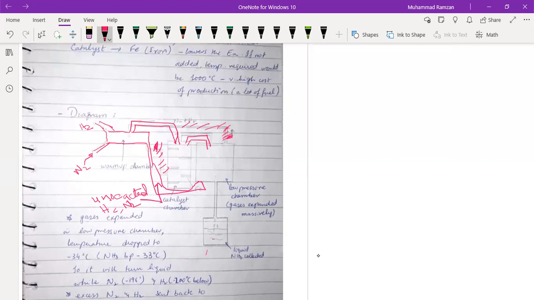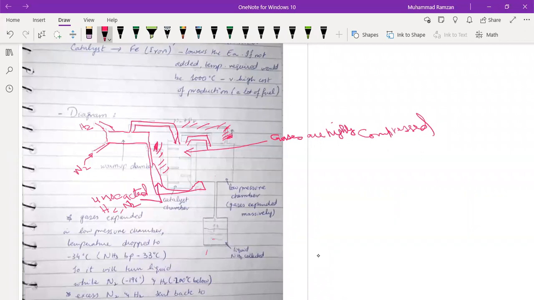This huge pressure means the gases in this chamber are highly compressed, because the pressure is huge.